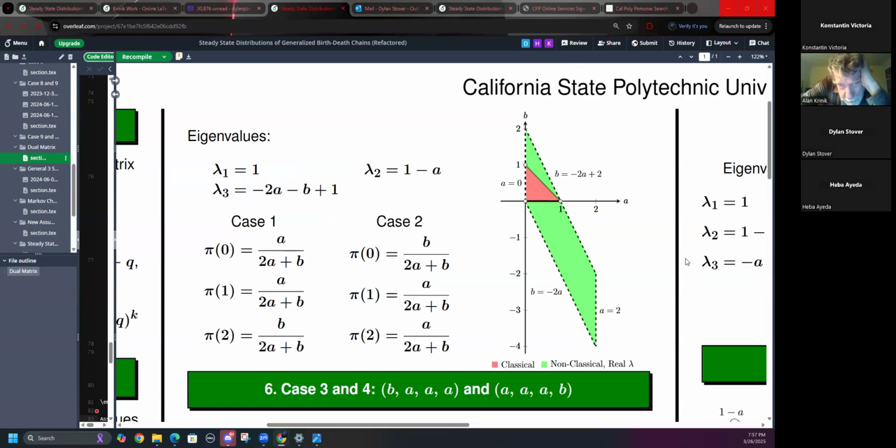The red triangle is the classical case, or the conventional case, where P and Q are between 0 and 1. But the green areas over here are unconventional areas. So that means you don't have traditional probabilities, but still they have steady state distributions.